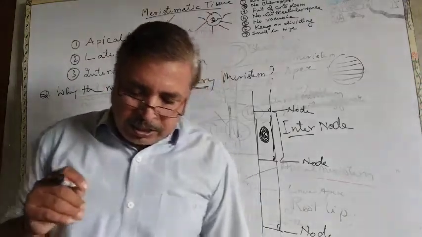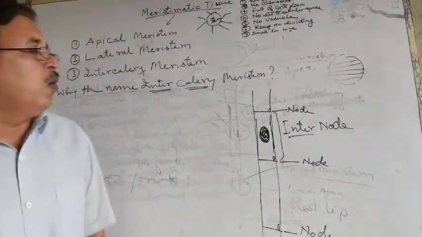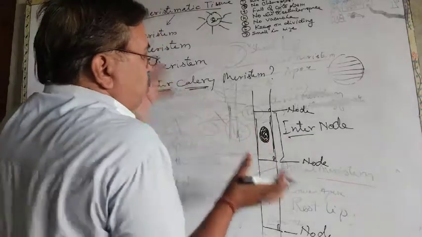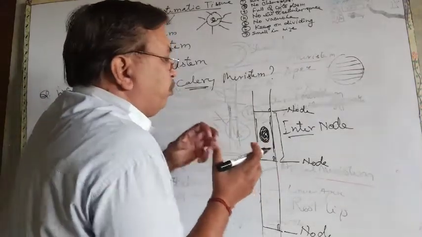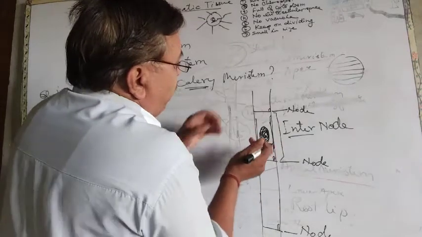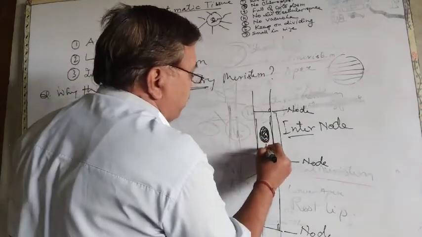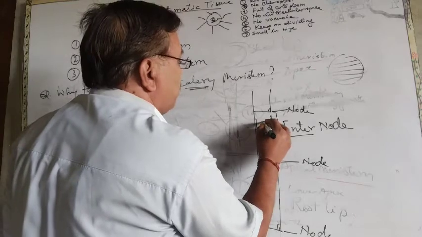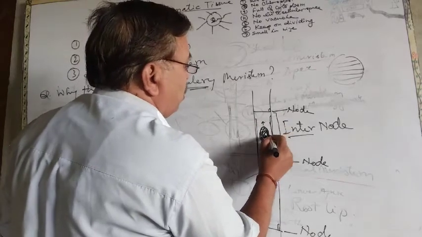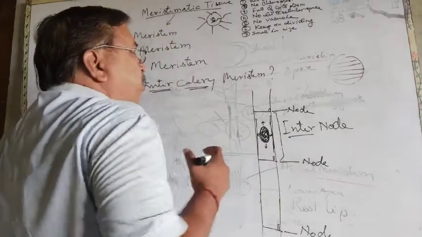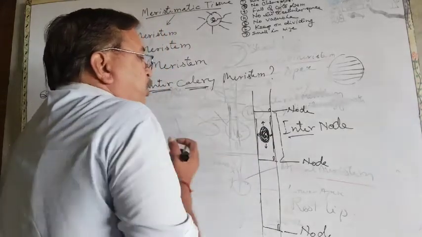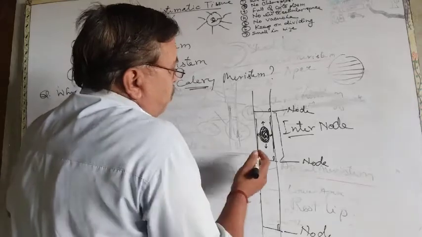And this intercalary meristem, when it grows, it causes growth and multiplies its number, then what happens? It pushes the already existing cells downward, upward, sideways, in all directions to accommodate itself. So what does it cause?